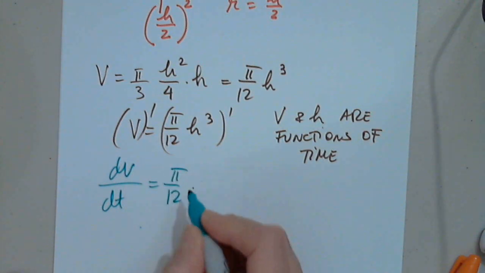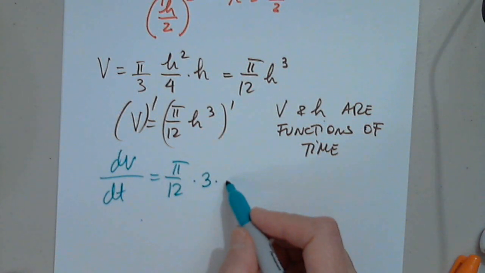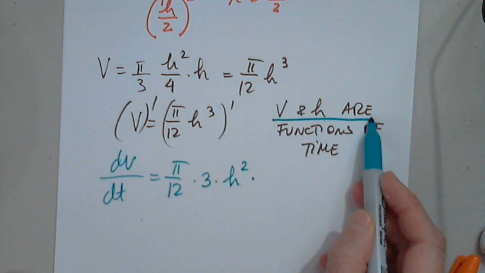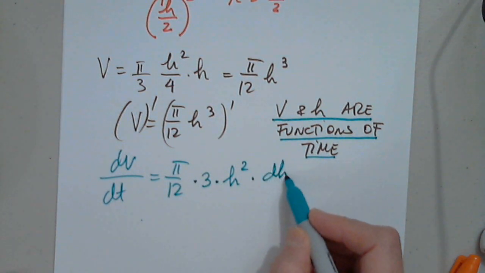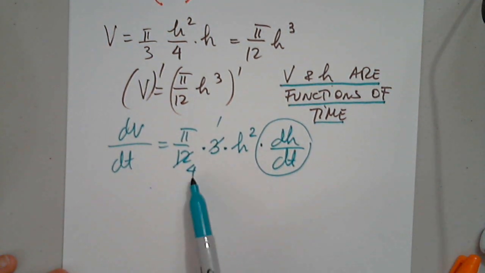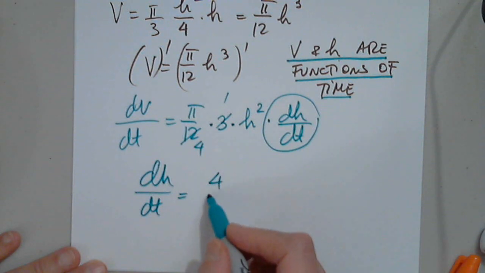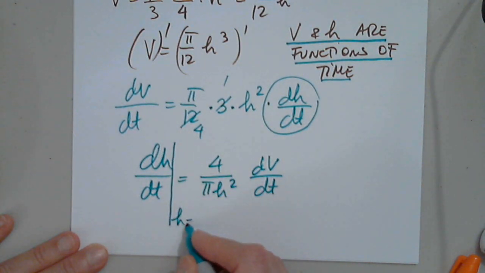The right-hand side gives the h squared times dH/dt. This is what we're after. I will simplify. I multiply both sides by 4 and divide both sides by pi h squared. dh over dt equals 4 over pi h squared times dv over dt. Now, yes, only now I can write h equals 10.